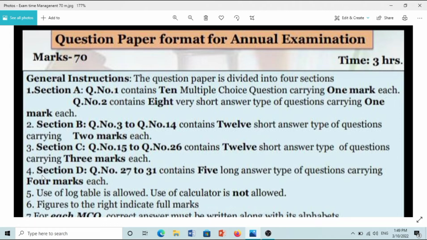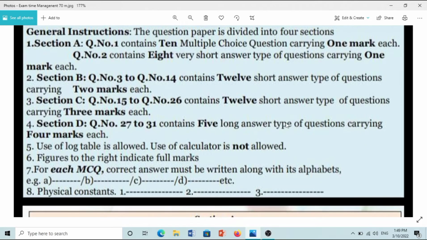And in the 4th section, Section D, question number 27 to 31 contain 5 long answer type questions and carry 4 marks each. There are again some general instructions given: figures to the right indicate the full marks.